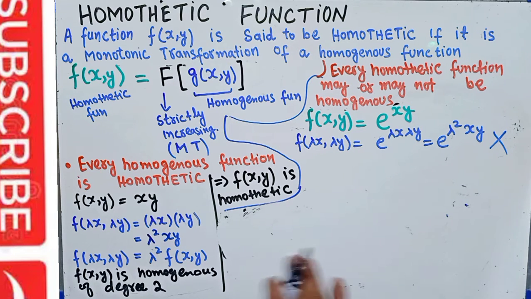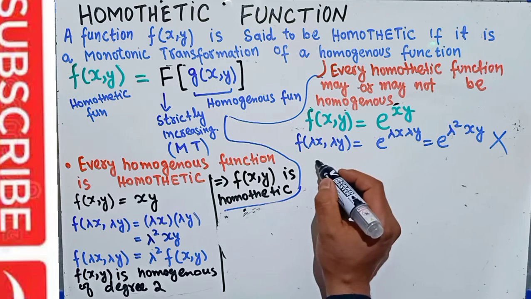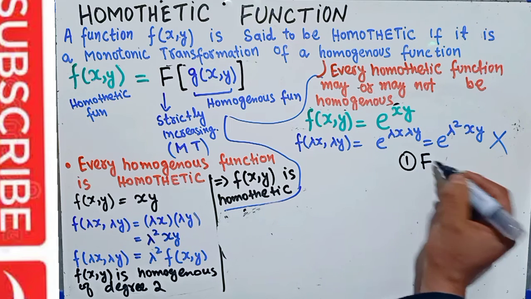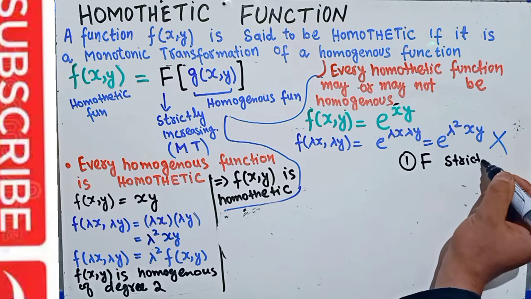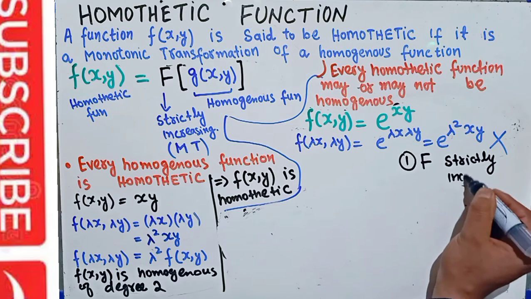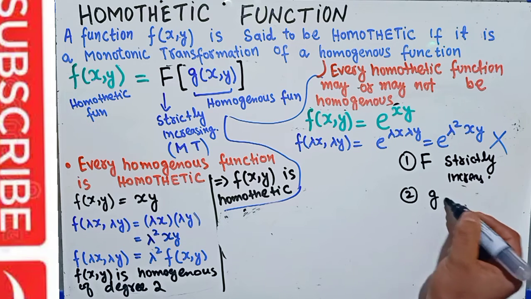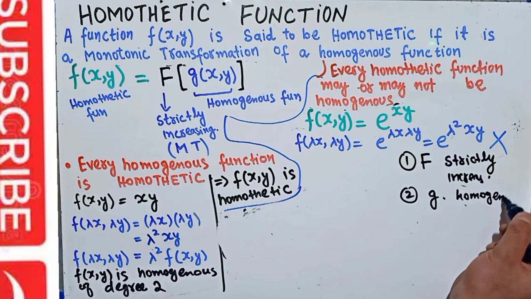So for this, what will we do? We should satisfy two things. That means f should be a strictly increasing function, and another function g should be homogeneous. Let us see here.